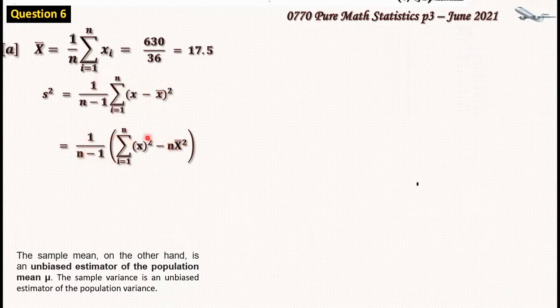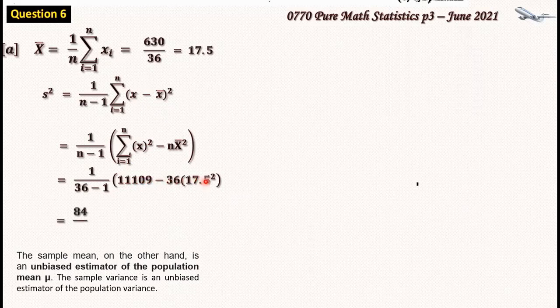You're going to use the second case because you have been given the summation of x squared, and we have also looked for x bar. So this will go to 1 over 36 minus 1 times 11,109 minus 36 times 17.5 squared. So this gives us 84 over 35, which is equal to 2.4.